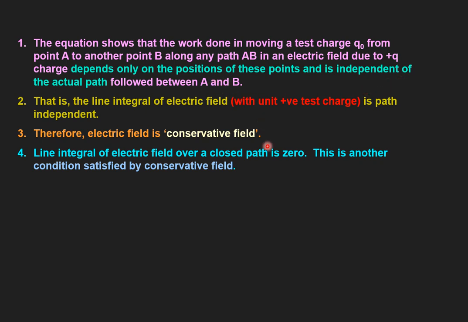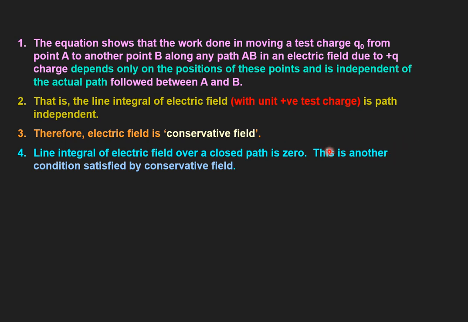So if we take a closed path, that is, we start the test charge from point A, move it till B, then again starting from B we move it along any path and reach point A, such a path we call a closed path.